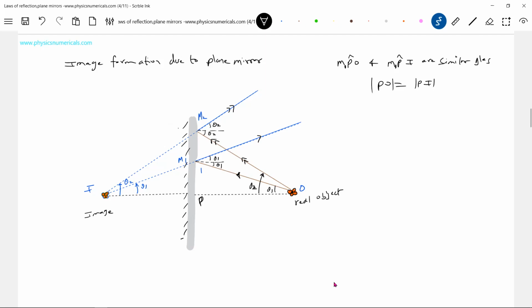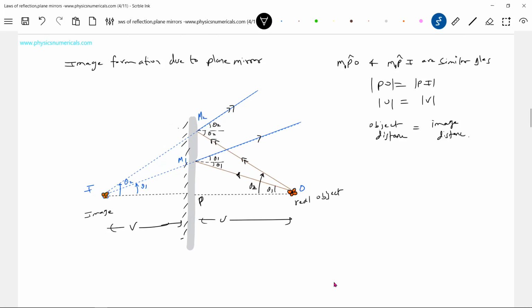PO is the object distance and PI is the image distance. So for a plane mirror, the object distance is equal to the image distance.